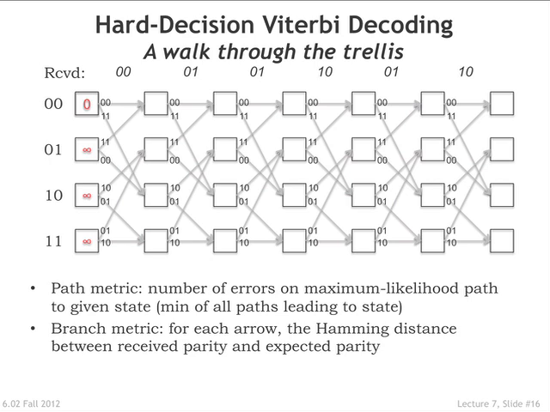So you can imagine actually working through this whole thing. If you knew you were starting from the zero state, you start off with a zero cost there, and infinity here, which is going to force all the optimal paths to come from zero, and then you'll continue from there.